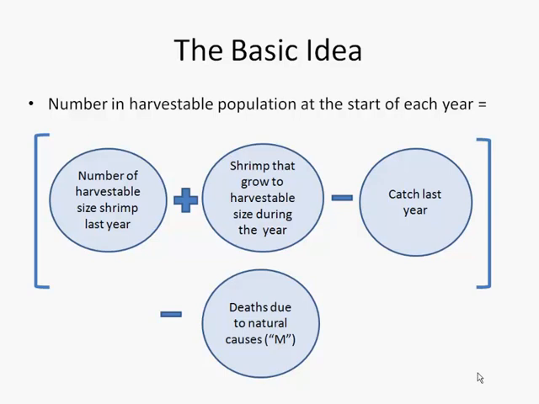That is equal to the number of harvestable size shrimp that were left at the end of last year, plus any shrimp that grow into harvestable size during the year by the time the fishery occurs. Then you subtract the catch from last year, and deaths due to natural mortality, and that leaves you with the number of shrimp that are going to be available at the beginning of the fishery in the next year.